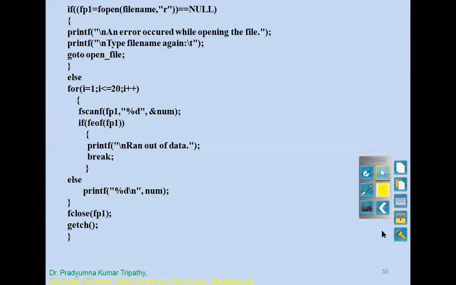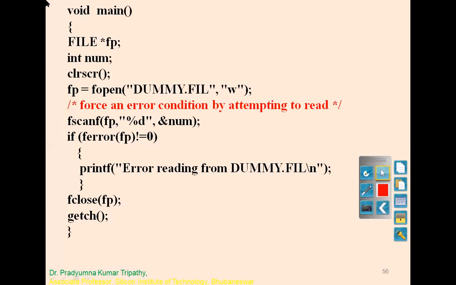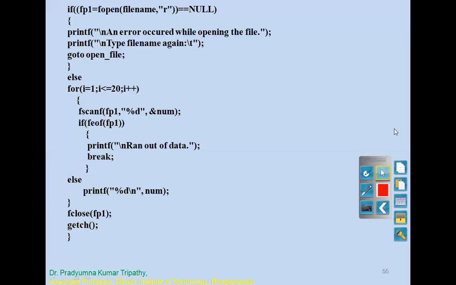So the same file name that you have given, you can use that for reading, and you can do the other operations. If end of file is reached, then you can write run out of data. Otherwise, you print the numbers by reading from the file.